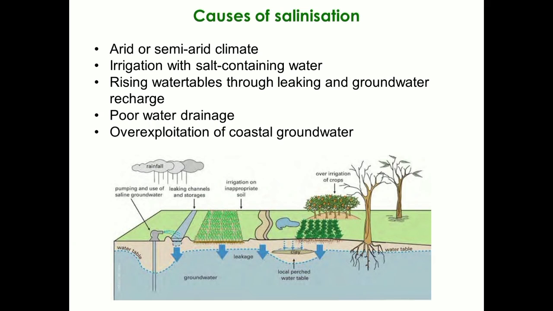Groundwater has a much higher salt concentration than surface waters, so again that's giving rise to greater salt input when that water does evaporate. It also depends on the drainage characteristics of a soil and the level of the groundwater. And as the groundwater rises, this also increases the incidence of development of salinisation.